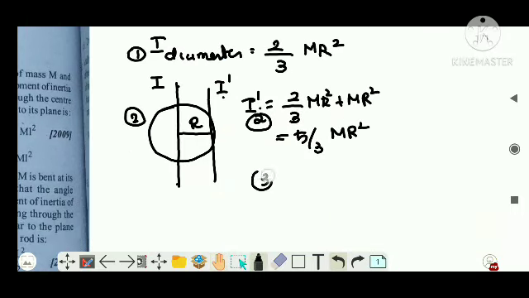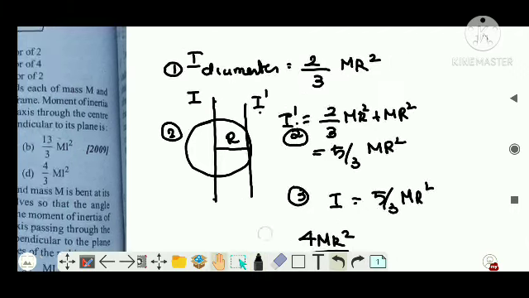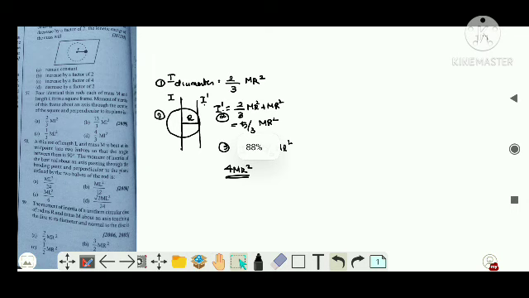So third shell will also have moment of inertia 5 by 3 mr squared, right? Now total moment of inertia will be the sum of these three. So you just have to add, you will get 4 mr squared as answer. Clear? Right? Now let us remove this now.